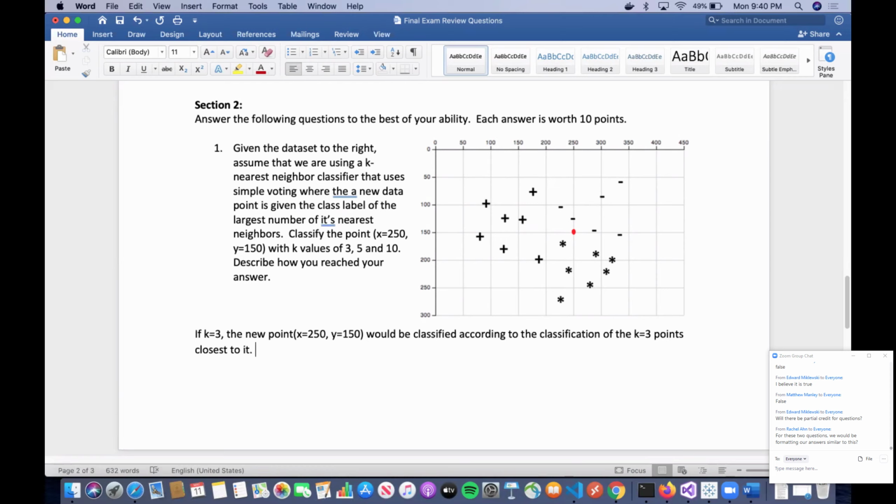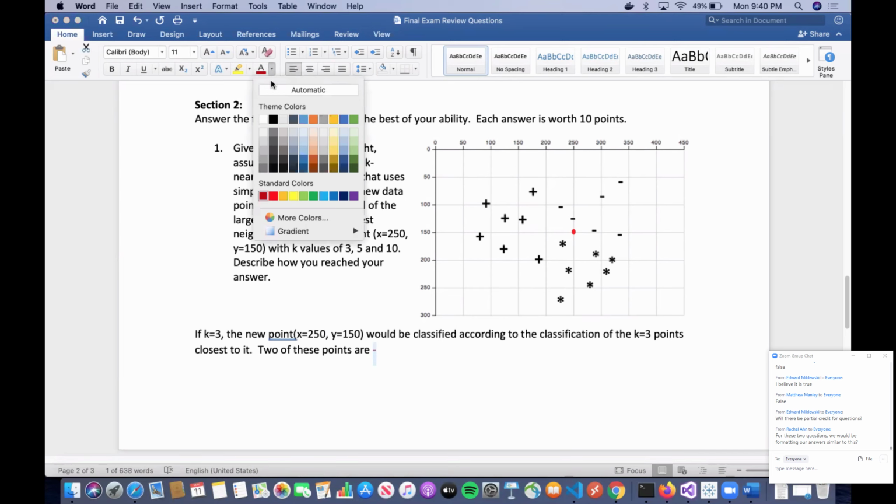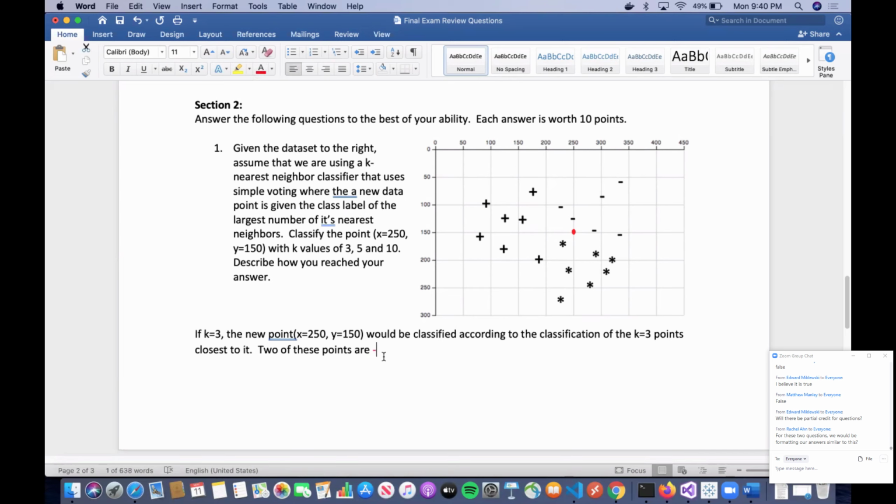So then we know 2 of these. We see 2 of those points. They are a dash, right? That's what we see.